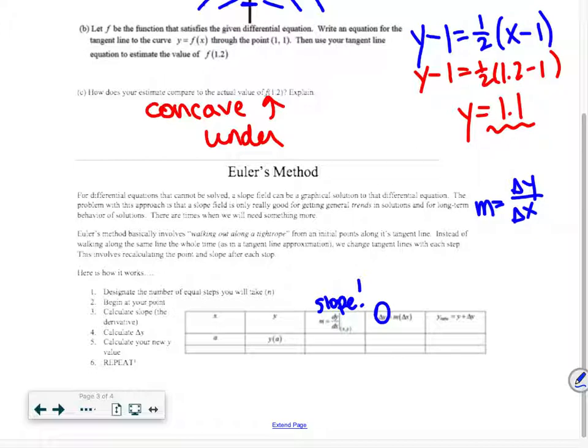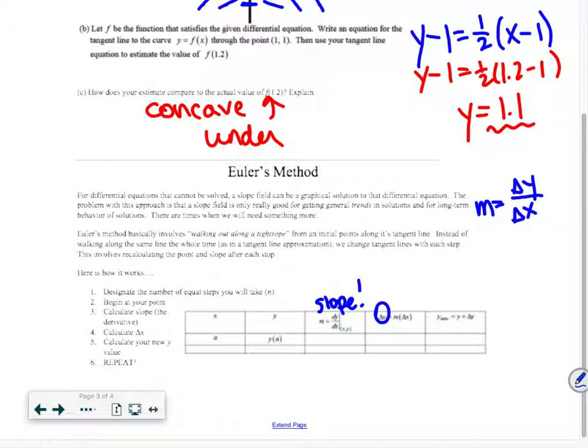That gives us a new y value, which we will then use again to reevaluate the slope and move along. We're going to fill out this chart over and over until we've taken enough steps and come to the coordinate that we need to approximate. Questions before we actually do the work?